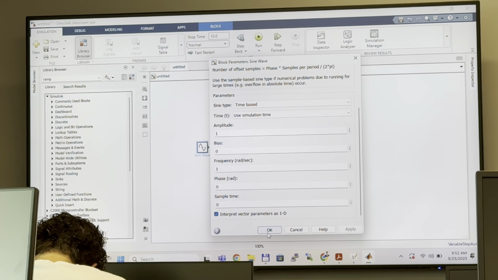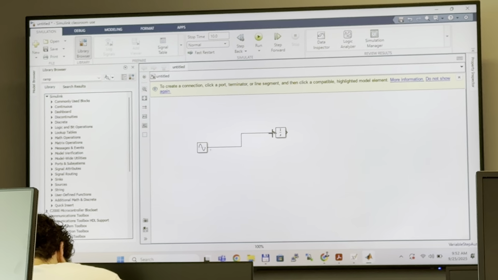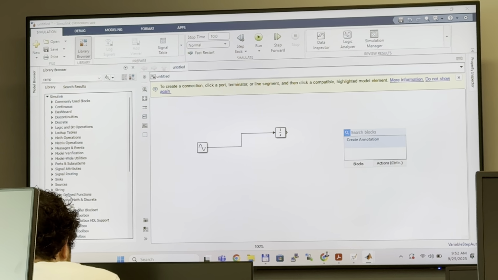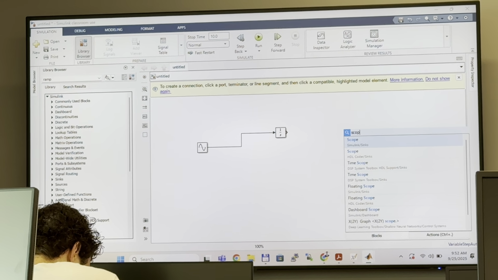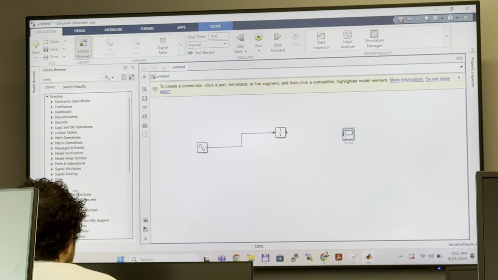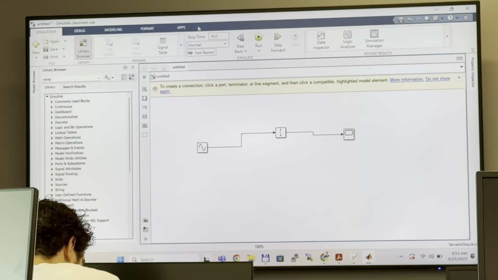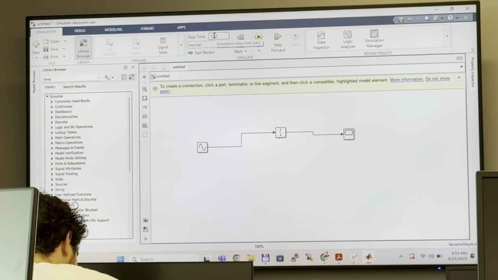So this is sine wave as the input, sinusoidal signal as the input. And you look at the scope. Okay, so I'm running the simulation for 10 seconds.